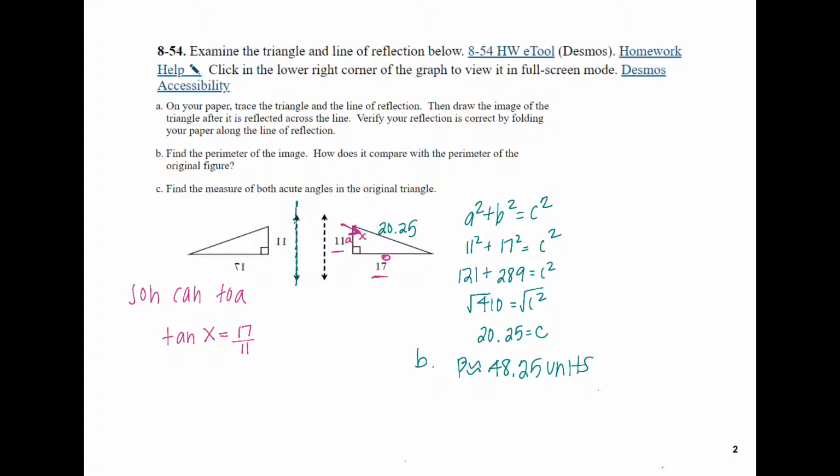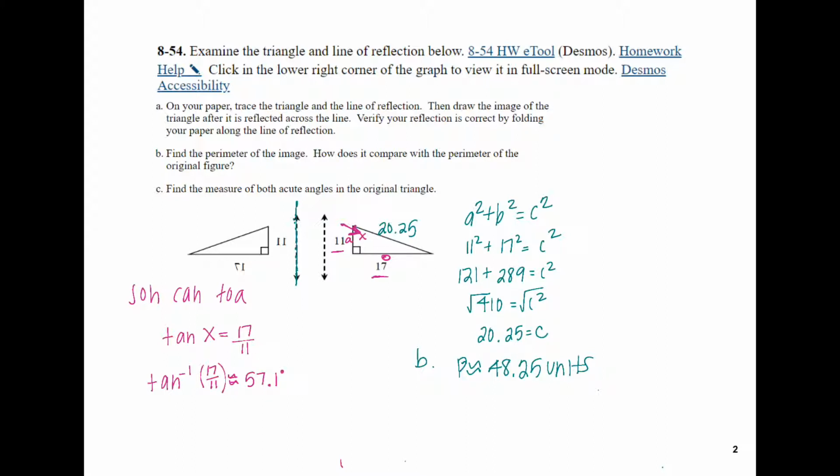We're looking for our angle measure, so you want to go ahead and type in your inverse tangent. Then type 17 divided by 11 in your calculator. And you get approximately 57.09 degrees. So we can say 57.1 degrees.